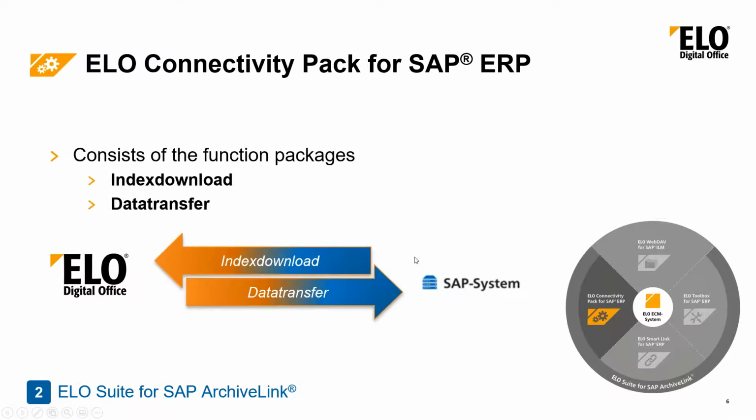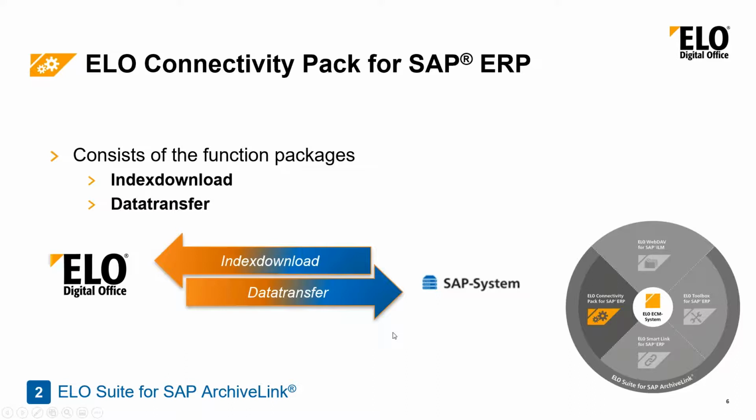That index download is basically the direction from SAP to ELO. So whenever we have a business object in SAP, some transactional data, and we want that data in ELO, for example, we have a purchase order and we need the metadata about the purchase order, like who ordered or what's the total amount of the order, index download is responsible for transferring this information to ELO.